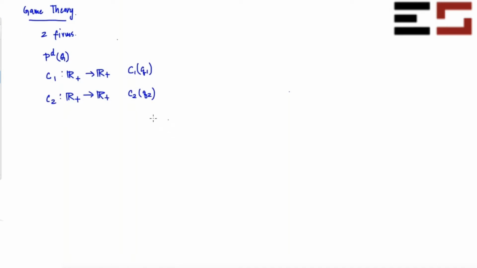If Q1 and Q2 are the quantities chosen, the price at which they'll sell the output will be given by this demand curve. So what is the price in this case? If you plug in Q1 plus Q2 into the inverse demand function, you'll get the price.